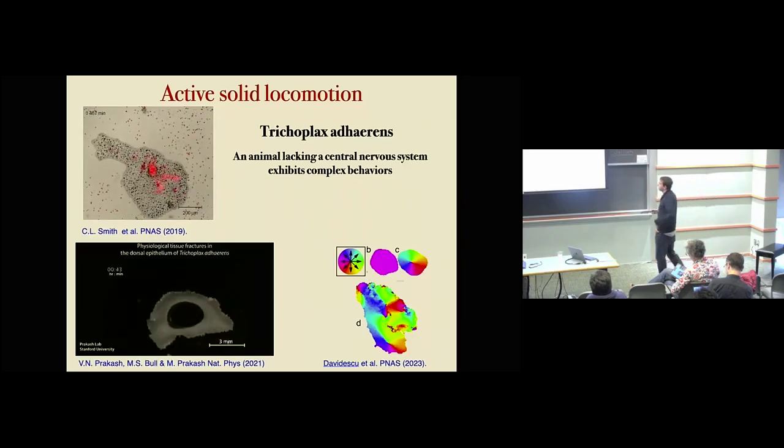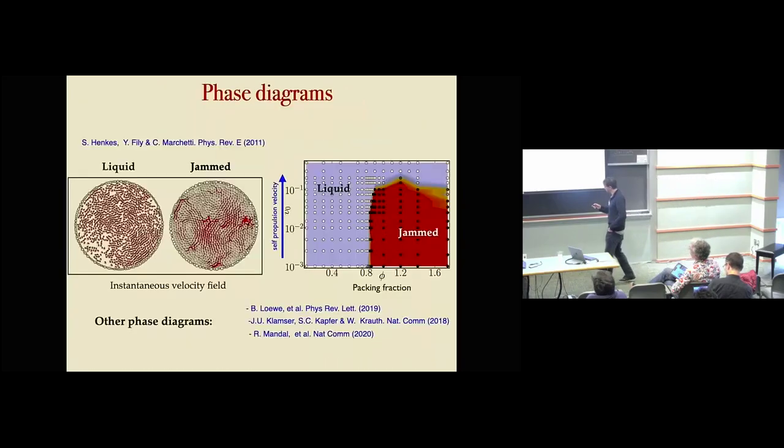Actually, the first to do this, I need to cite this work of Silke Henkes and Cristina Marchetti, where, for the first time, or one of the first works, they made this model of active particles and studied the dense regime. They observed that if they increase the packing fraction, there is a jammed state where the system already showed this kind of activation of the fundamental mode of this solid.